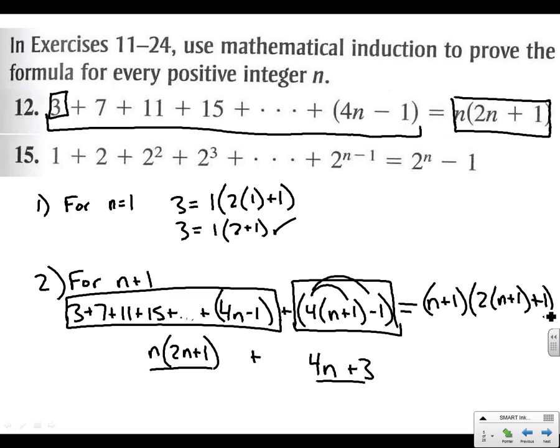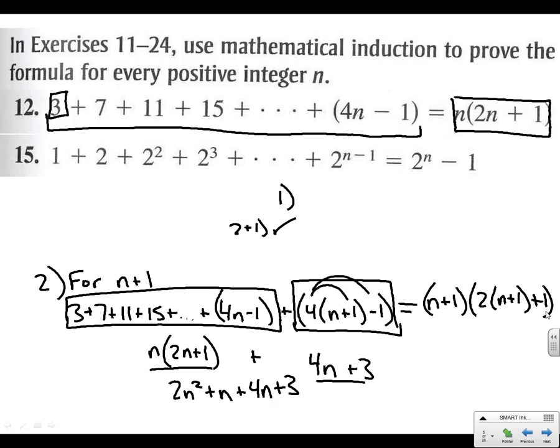So let me just multiply this out. We've got 2n squared plus n, just distributing, plus 4n plus 3. And so all together, let me erase this up here so we have a little bit of room, that's going to equal 2n squared plus 5n plus 3.